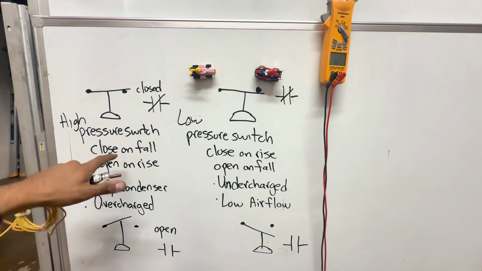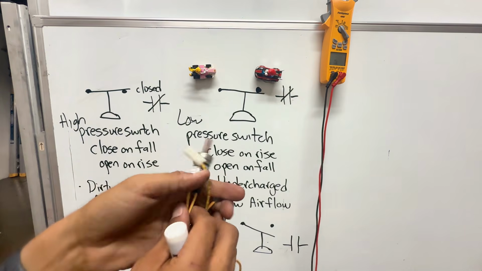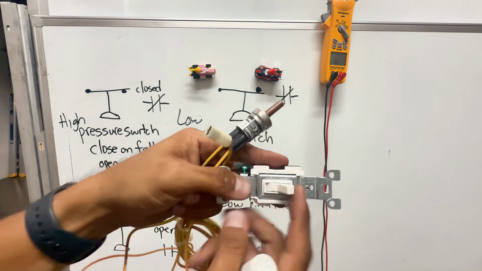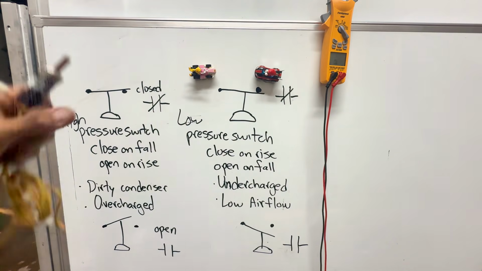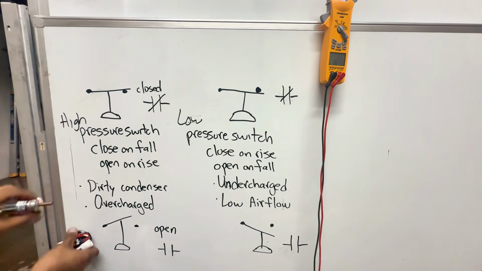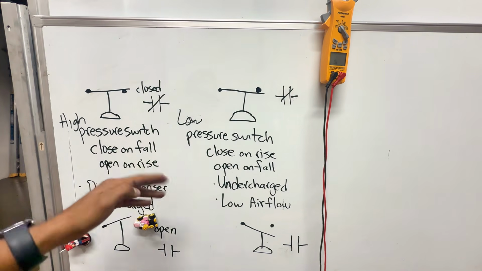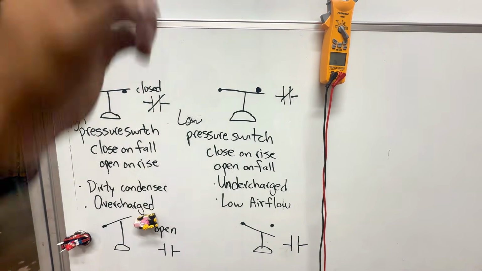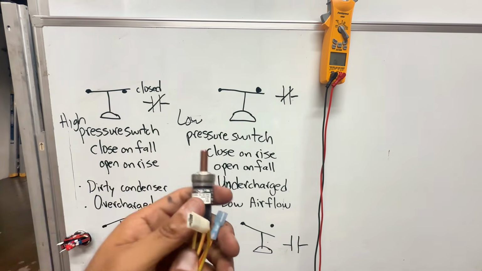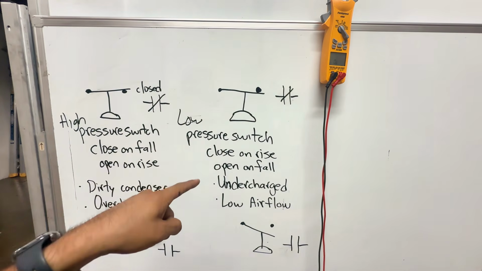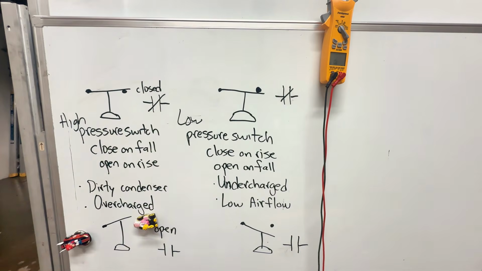This high pressure switch, the only reason it's gonna open, going back to this, the only reason it's gonna open and stay open is if my pressure rises. Did you catch that? My high pressure switch is gonna open if my pressure on the high side of the system rises.